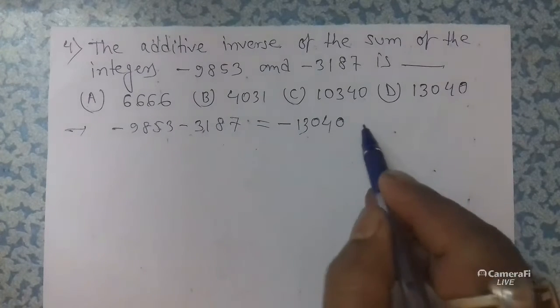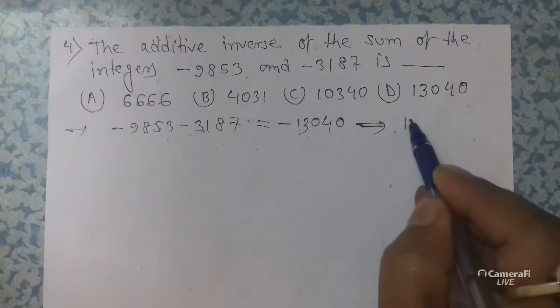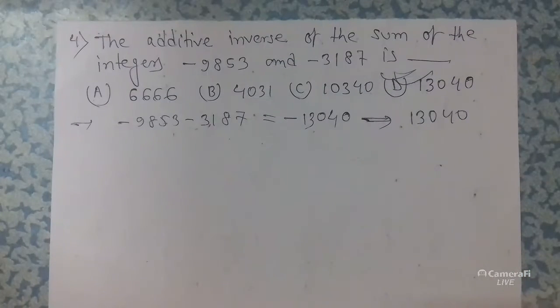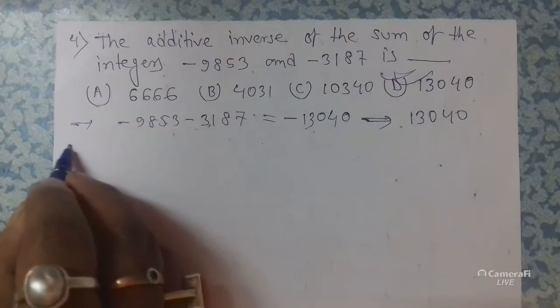So the additive inverse of this sum is 13,040. So D is the correct answer. Next problem.